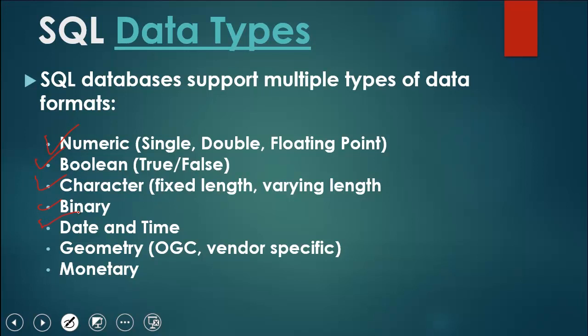Also, date and time. This is something you might not see as much in some standard GIS packages. When I say date, I mean an actual date. So my birthday was November 22nd. That normally is stored as character, 11/22, and then the year. Those are just strings.